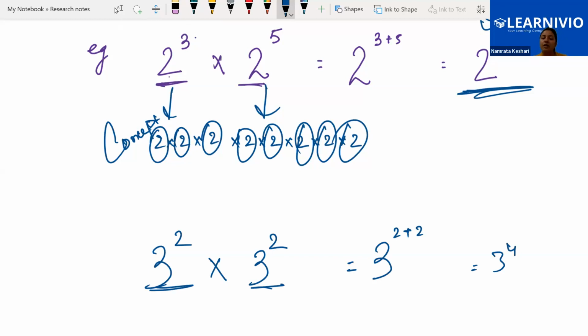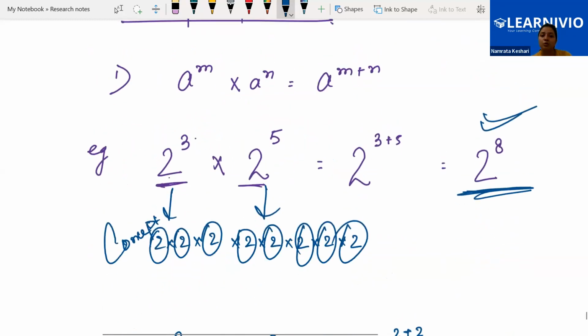So when the bases are same and the terms are in multiplication, we have to add the exponents. Multiplication, same base, add the power. Now this is the first rule.